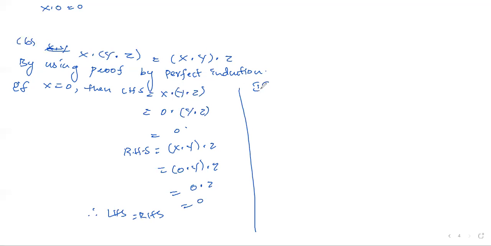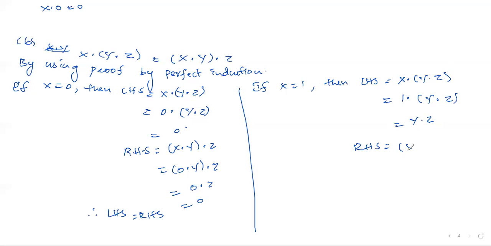Now if x value is 1, then LHS is x and y and z, 1 and y and z. So we'll be getting y and z. RHS, x and y and z.